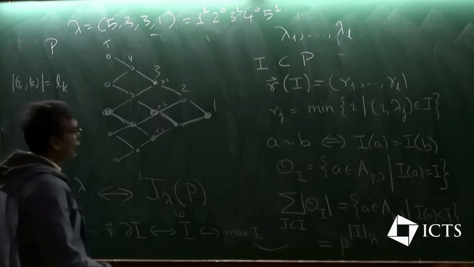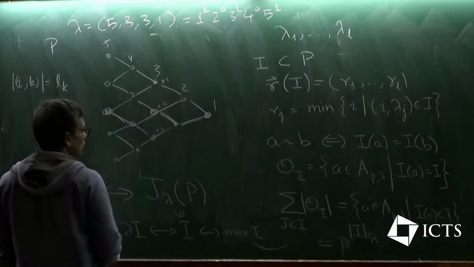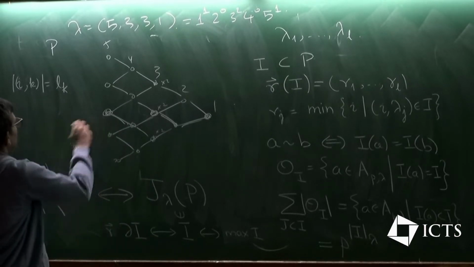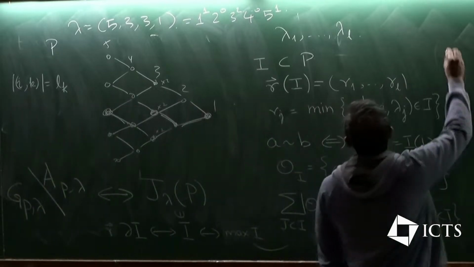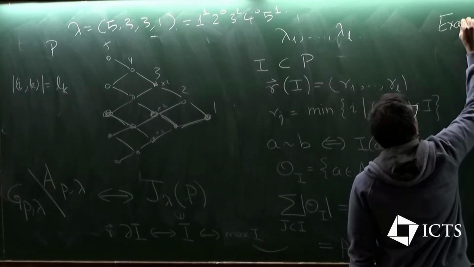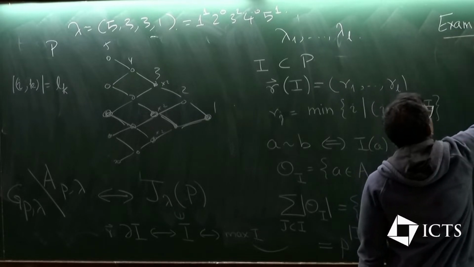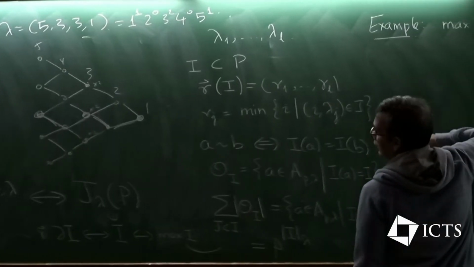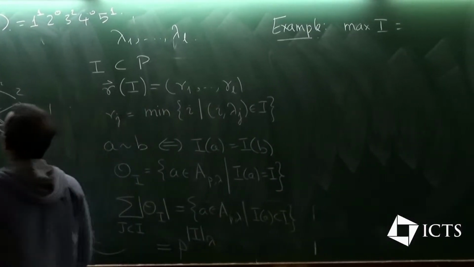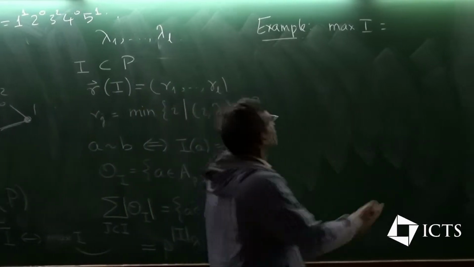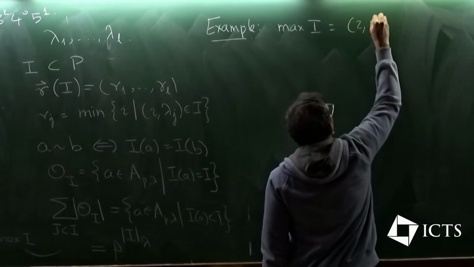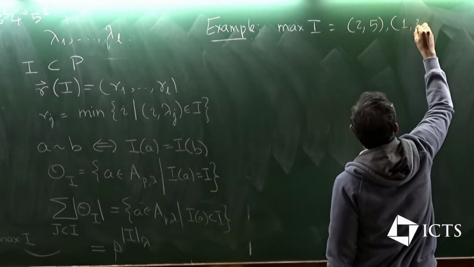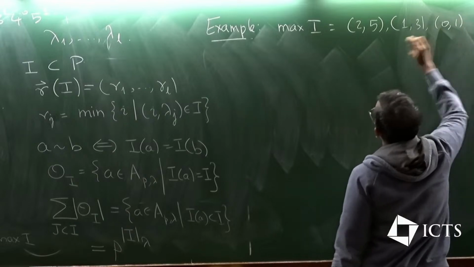Okay, so we had this ideal last time which we looked at, the ideal generated by three elements, namely, (2, 5), (1, 3), and (0, 1).